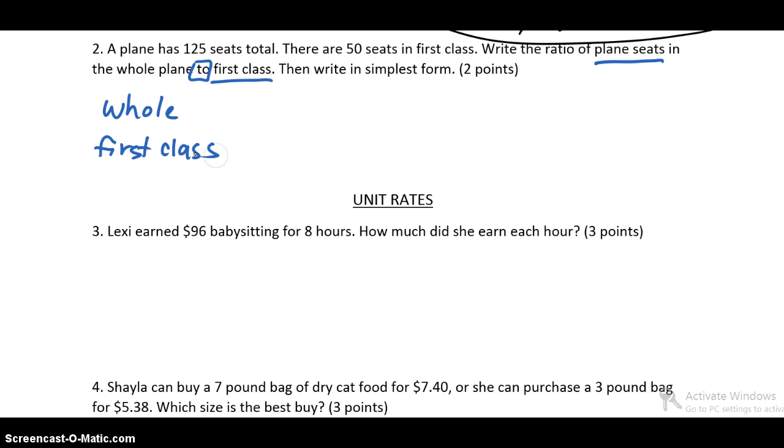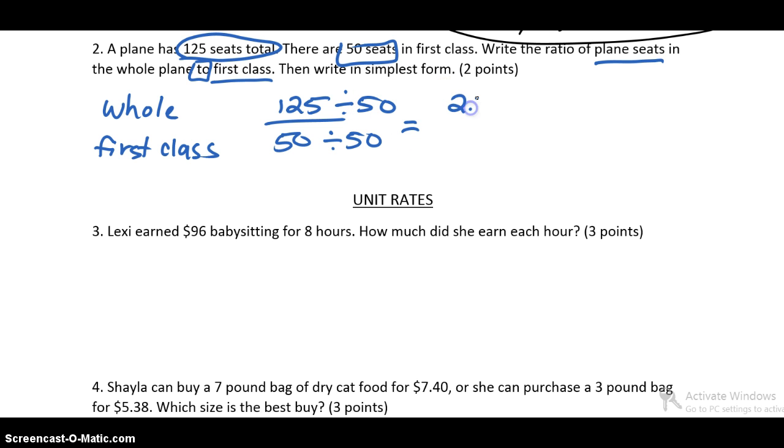So we have 125 seats total, so that would be at the top, 125, that numerator. And then first class has 50 seats, so we're going to put 50 in the denominator. So we're going to divide both numerator and denominator by the denominator again, just like we did on the first one. And 125 divided by 50 is 2.5, 2 5/10 over 1. We always want that denominator to be 1 there.